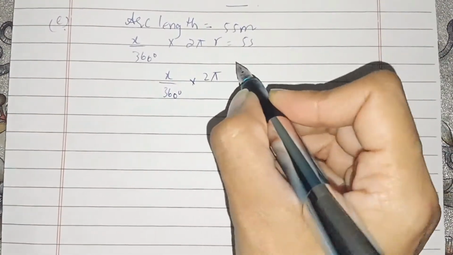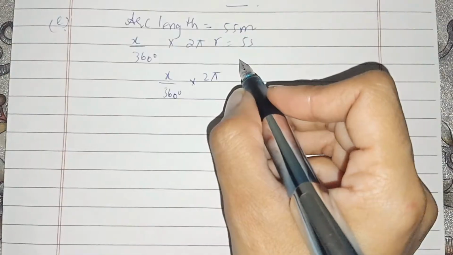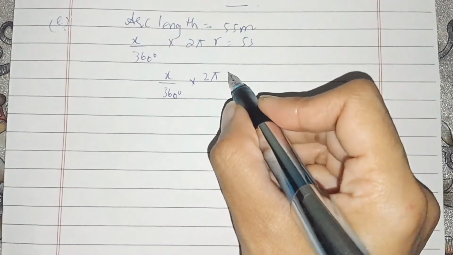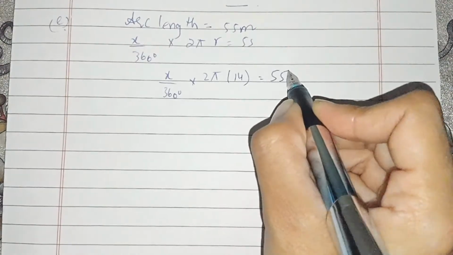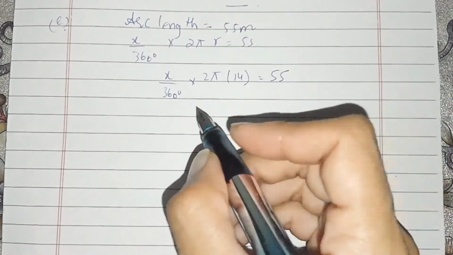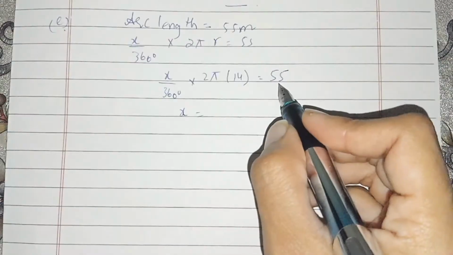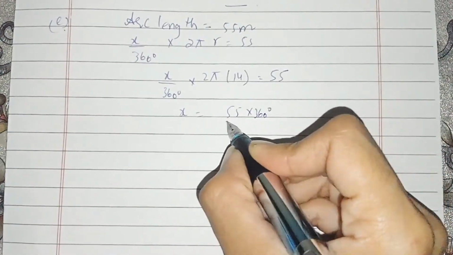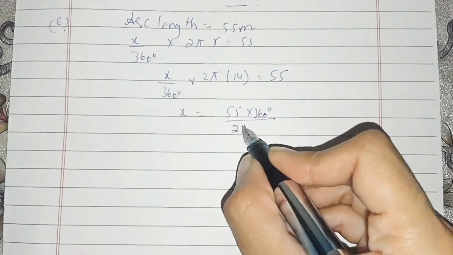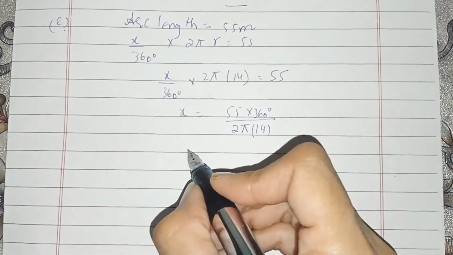x over 360 multiplied by 2 pi, and that is 14, equals 55. And by solving it, we have to multiply by 360 degrees and divide by 2 pi and 14.